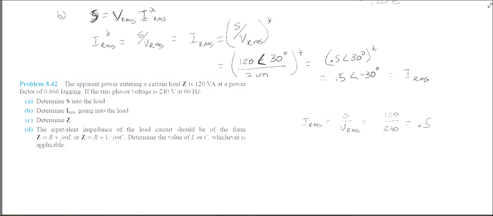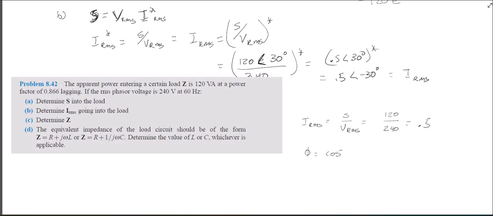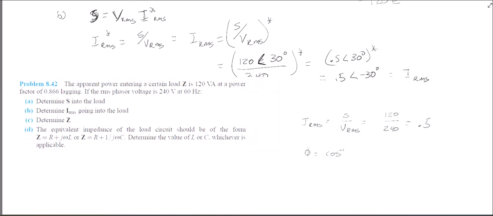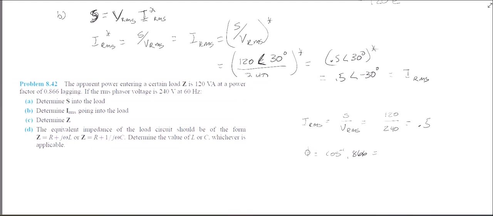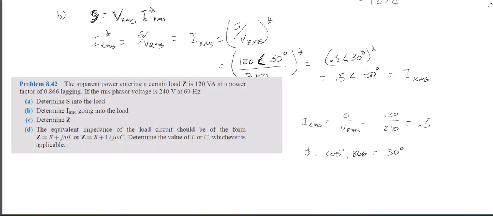And then I could say that phi is the inverse cosine of 0.866, which is 30 degrees, and then I keep it positive because it is lagging.